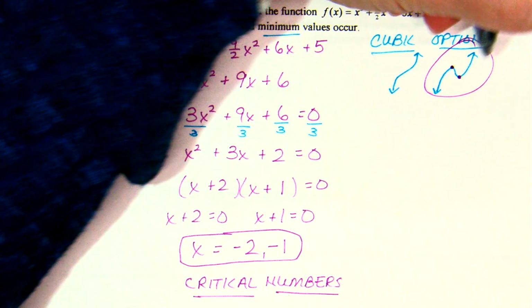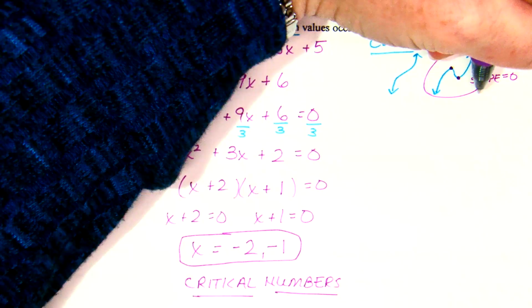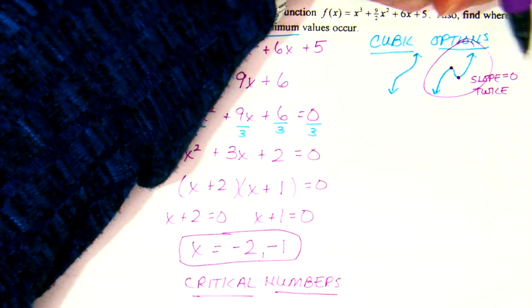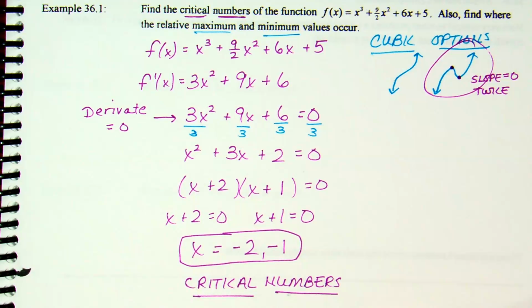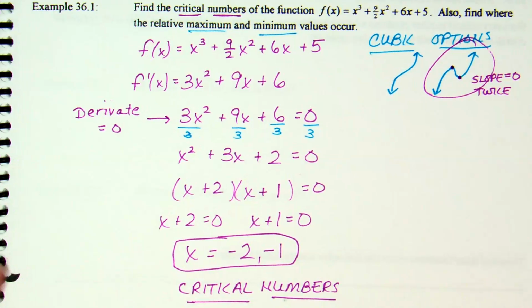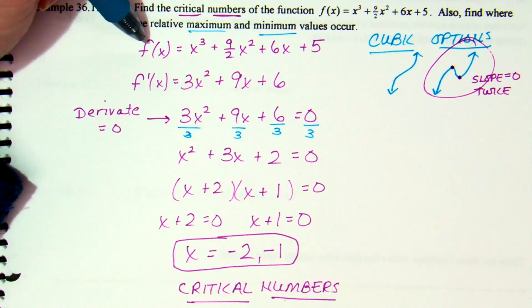And so my slope will equal 0 not once, but twice. Okay, so to actually find the critical numbers, plug them in. We plug -2 in. You're plugging into the original equation.